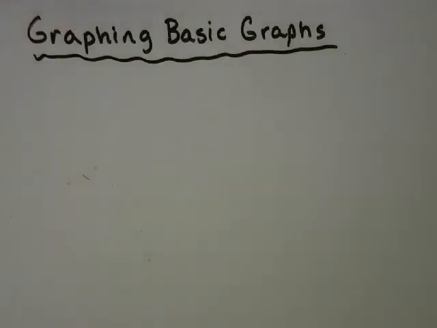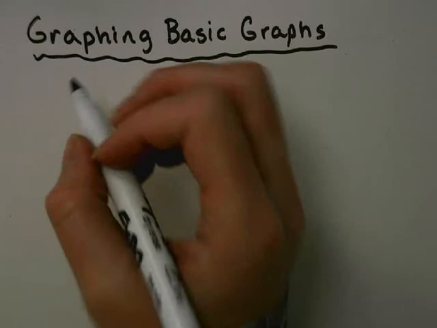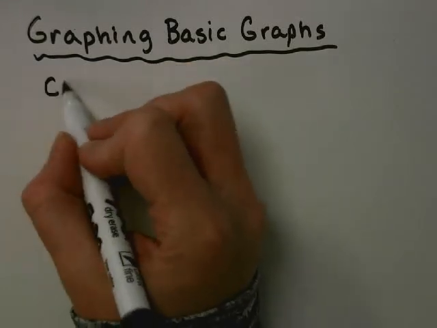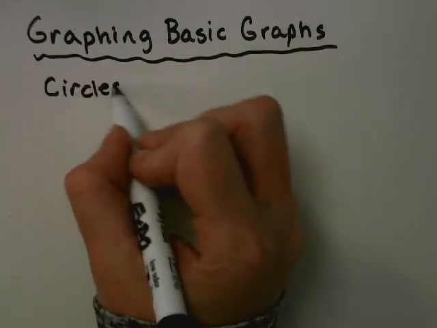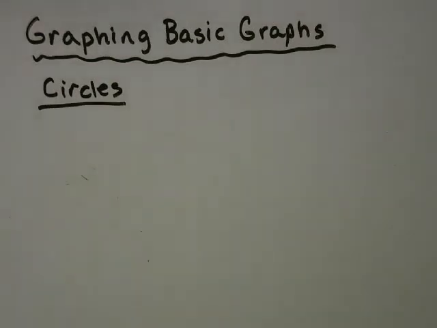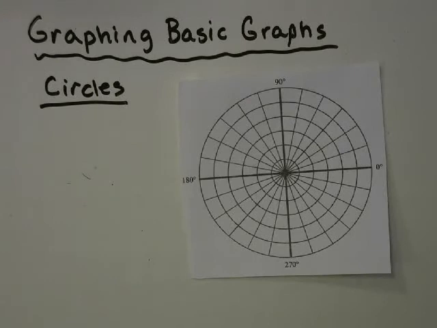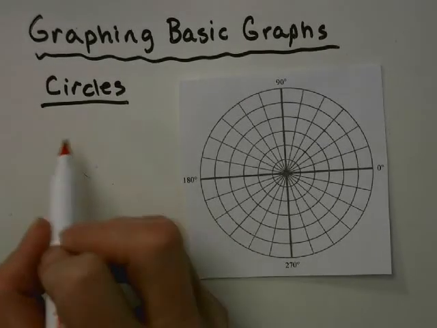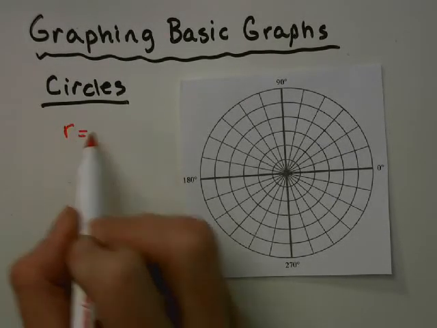Okay, next we're going to graph some basic graphs. We'll be able to do some really cool things in this polar coordinate system, but for right now we're just going to stick with some pretty basic ones. The first thing that this lends itself to pretty easily is circles. Okay, circles are going to be in the form r equals something.